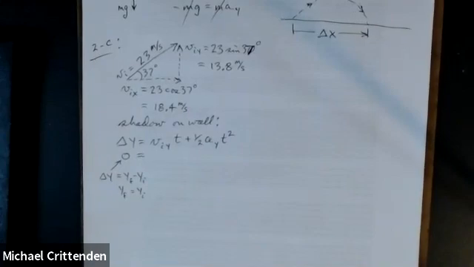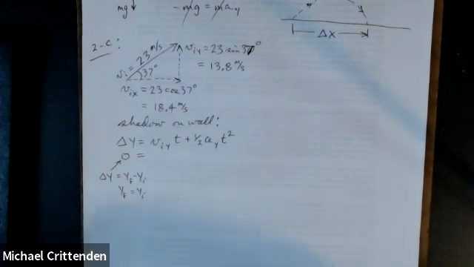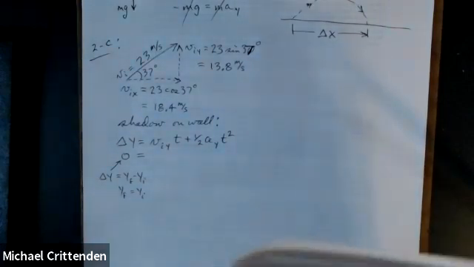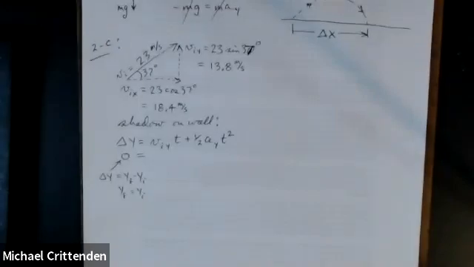Okay? The question says, and I quote, I've got to find the right question. Oh, I turned the page. That's my problem. Here we go. It lands at the same height it was thrown from.